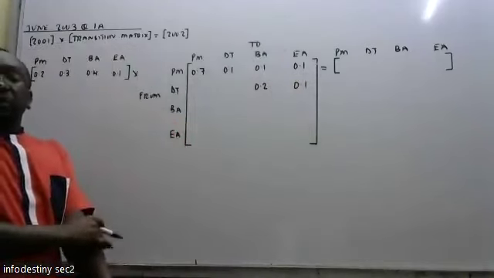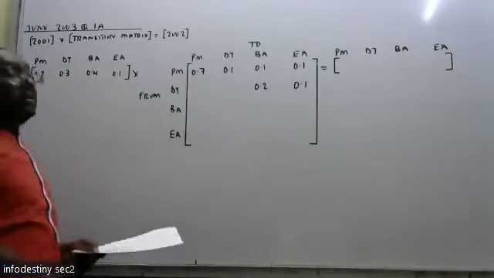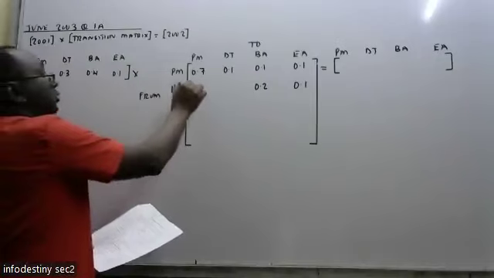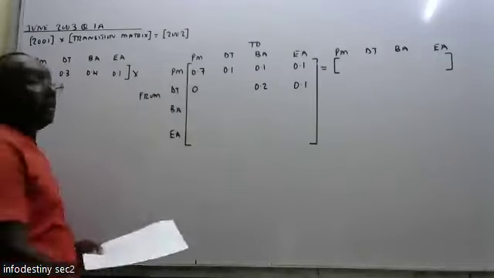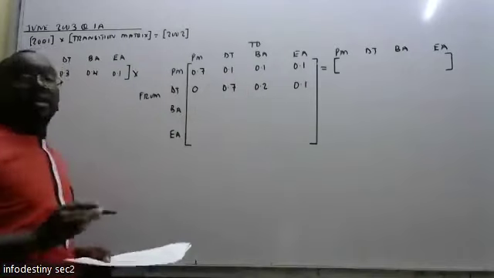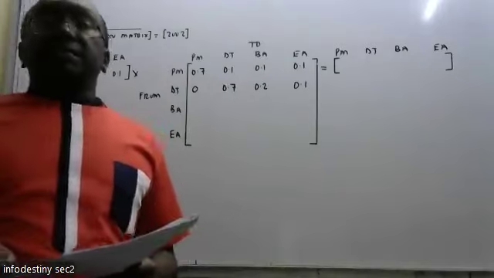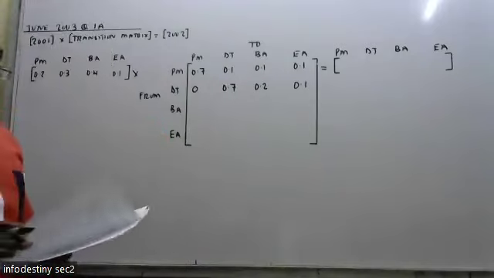That is all that we are told about that company. So it therefore means that they did not lose anyone to BM, and they must have retained 0.7 of their customers.